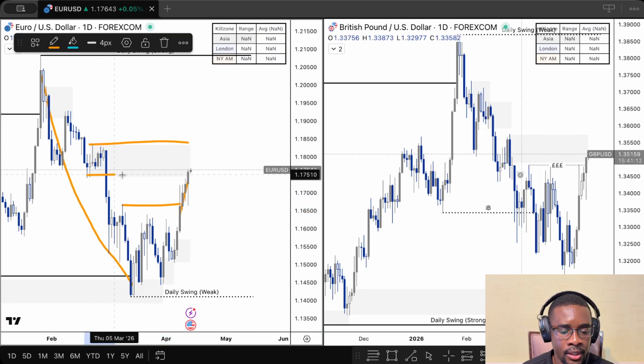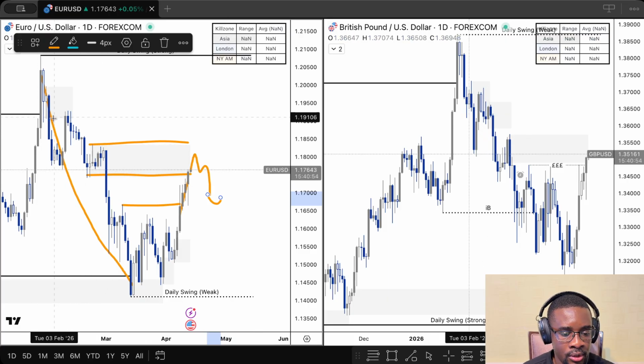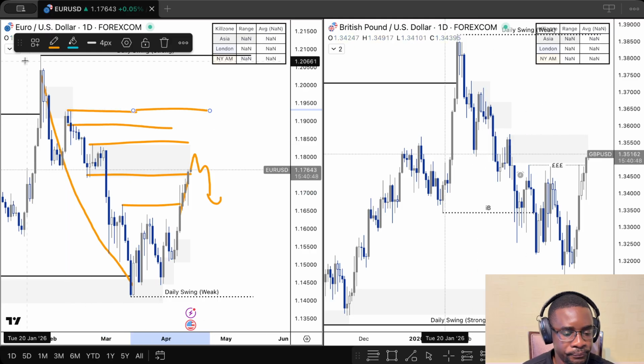Now we've mitigated this area of supply, so if the bearish trend is to continue, then we expect some kind of reaction or price to turn and continue the bearish trend from here. Otherwise, it can still continue upwards, and all of these areas have been mitigated somewhat.